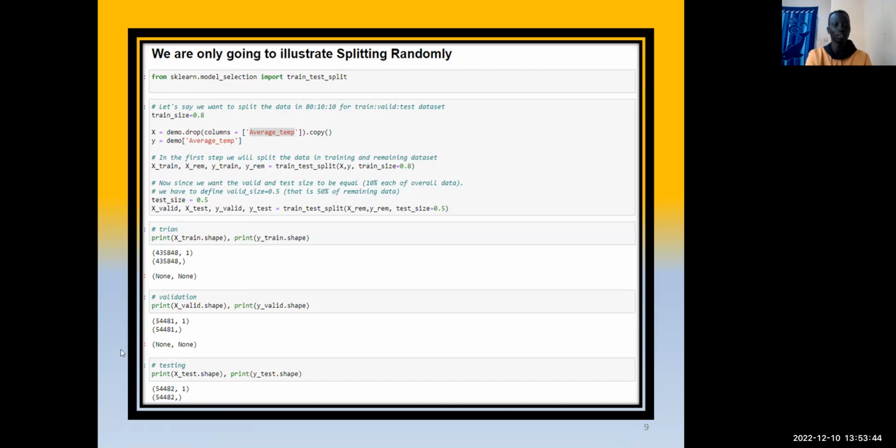Now, clearly we are seeing that the validation data outputs match the testing data outputs. And here in our algorithm, we're saying 50% of the remaining data is shared by the validation and the testing data sets, whereas the rest is used for training the model. And that is all about data splitting.